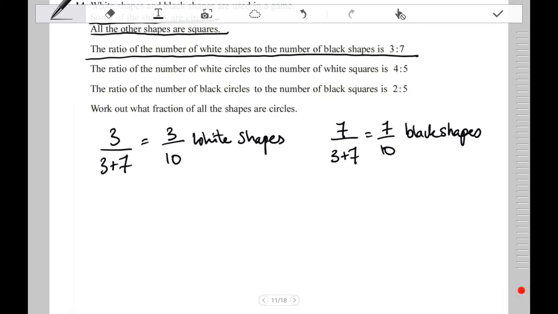Okay, the ratio of the number of white circles to the number of white squares is 4 to 5. So we'll do the same thing here. We'll say 4 out of 4 plus 5 equals 4 over 9. And this is the proportion of white circles.